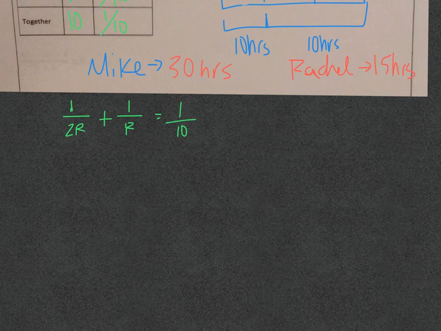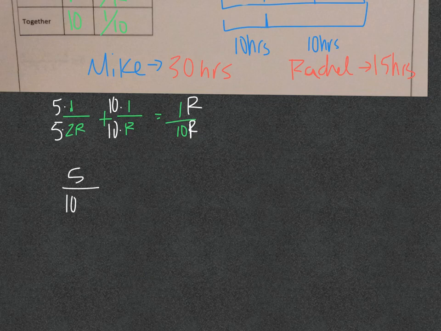Not 2 over 2, because I forgot about the 10 over there. We should multiply the first one by 5 over 5. That way it'll become 10. The second one by 10 over 10, and the third one by R over R.